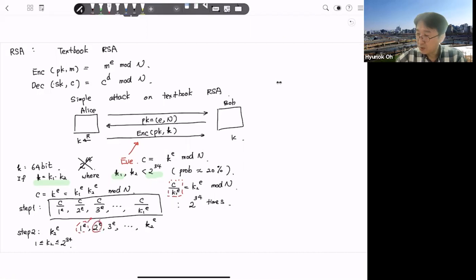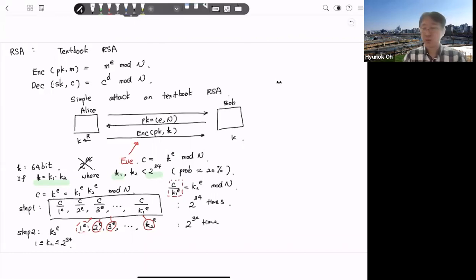This takes 2 to the 34 times, as for each case Eve has to look up whether that value is in the table.